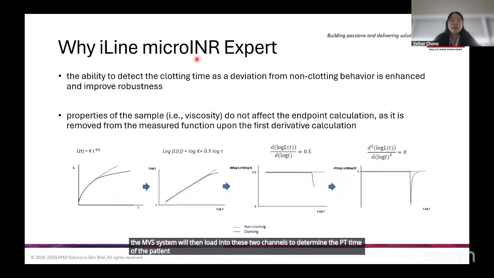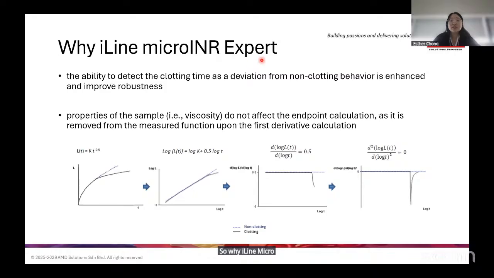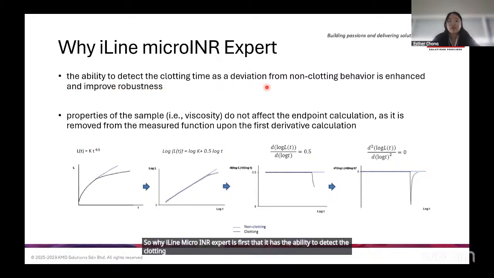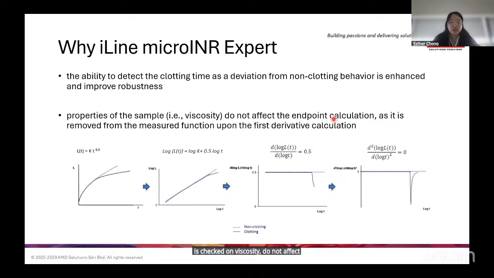So why the iLine Micro INR Expert? It has the ability to detect the clotting time, and deviation from non-clotting behavior is enhanced and robustness improved. And the properties of the sample, such as viscosity, do not affect the endpoint calculation, as it is removed from the measured function upon first deviation calculation.